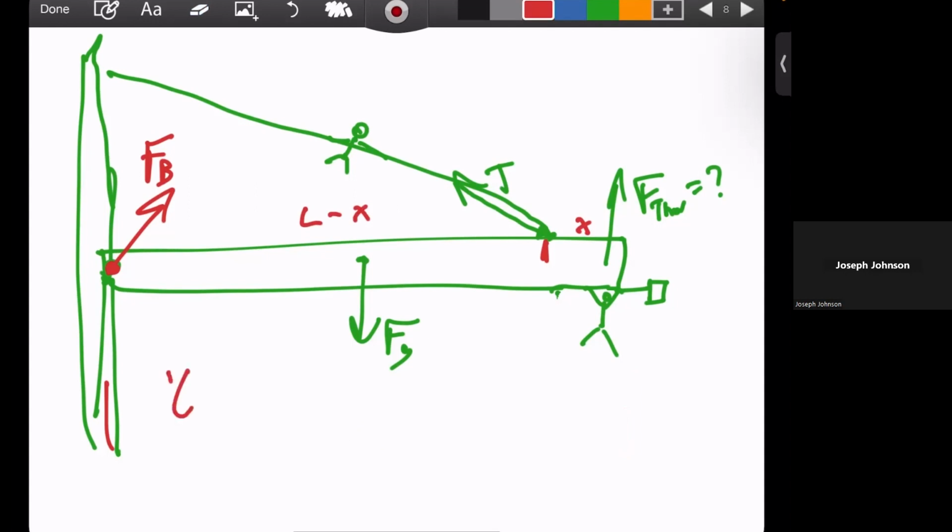So the torque that's clockwise will equal the torque that's counterclockwise. If he's holding it up, it's at static equilibrium. The clockwise torques, the ones that make it go in the direction of the clock, there's only one. It's the force of gravity on the bridge pulling down. So it's going to be F_g for the bridge times L over 2.